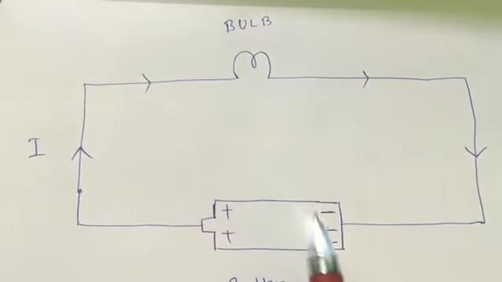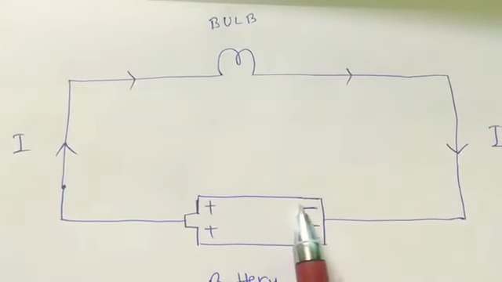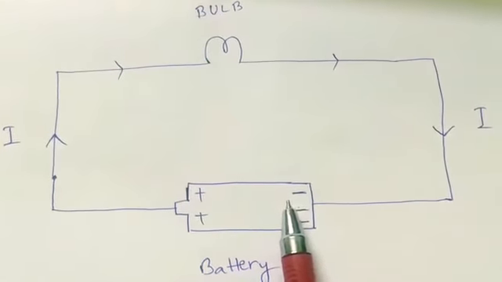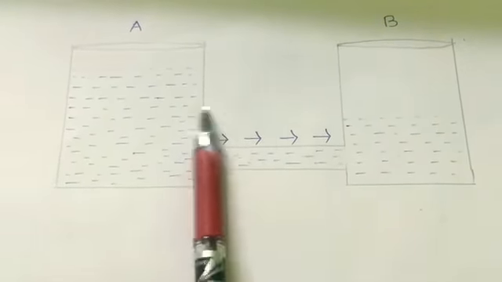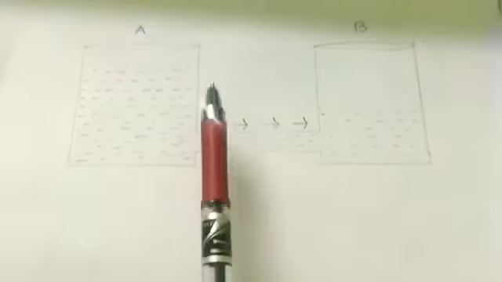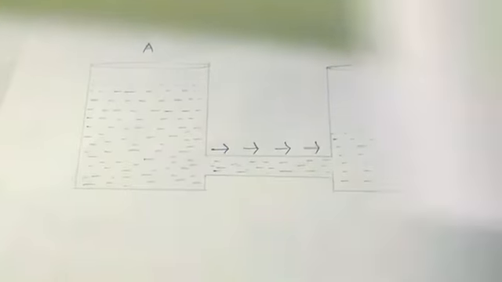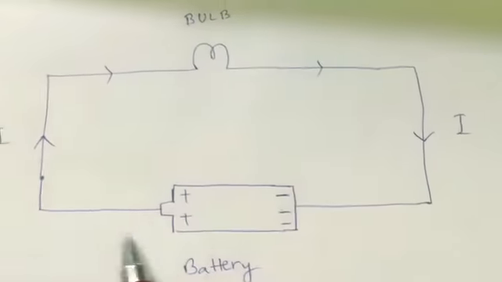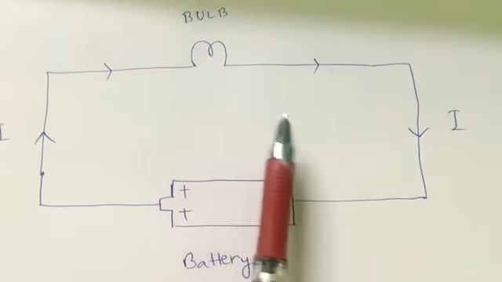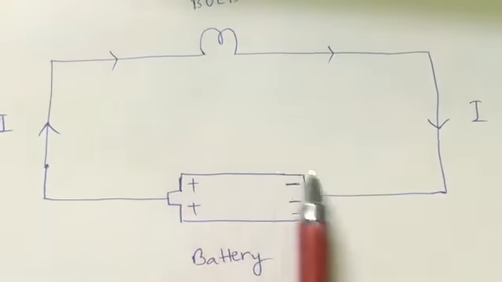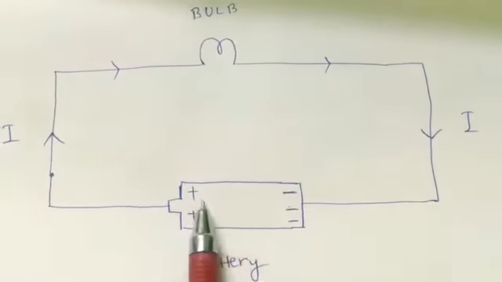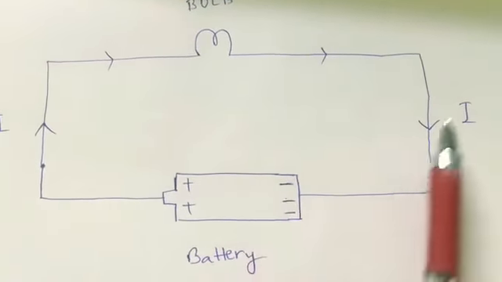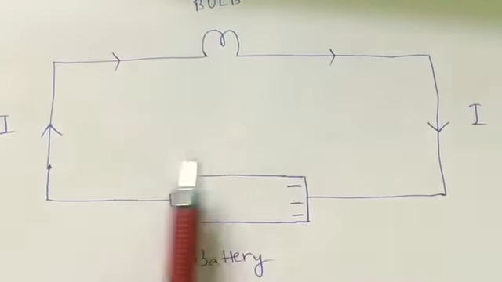And the electron moves from low potential to the high potential. It's very similar to this, you see, high, low. And when will it stop? When the level is the same. Means the electric current will stop when both sides are the same, high potential and low potential. If it's the same, then there will be a stop of flowing current.